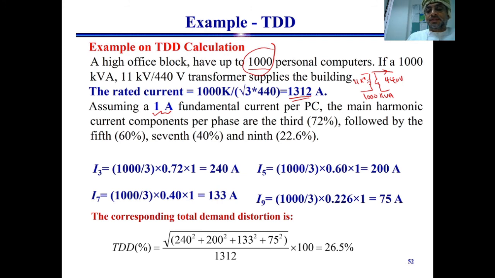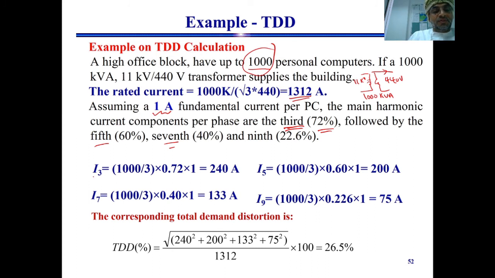He also told us to assume the following: the third harmonic will be 72%, the fifth will be 60, the seventh will be 40, the ninth will be 2.6. Of course, what we need to find is the total demand distortion. So we need to find the value of each harmonic.